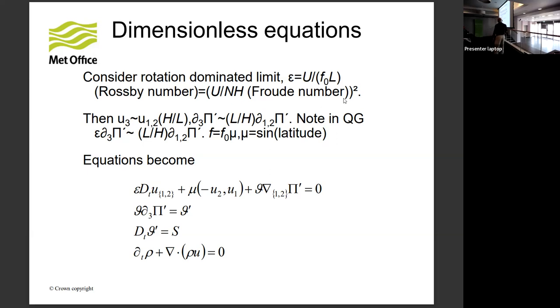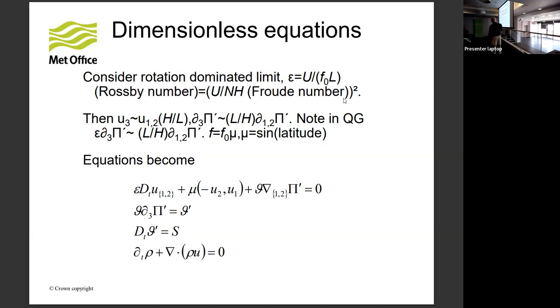And that then leaves us with these equations. How you get there is you're going to say the vertical velocity is the horizontal velocity times the aspect ratio, and the vertical pressure gradient is the inverse of the aspect ratio times the horizontal gradient. And I'll note that this is such a change of the quasi-geostrophic theory.